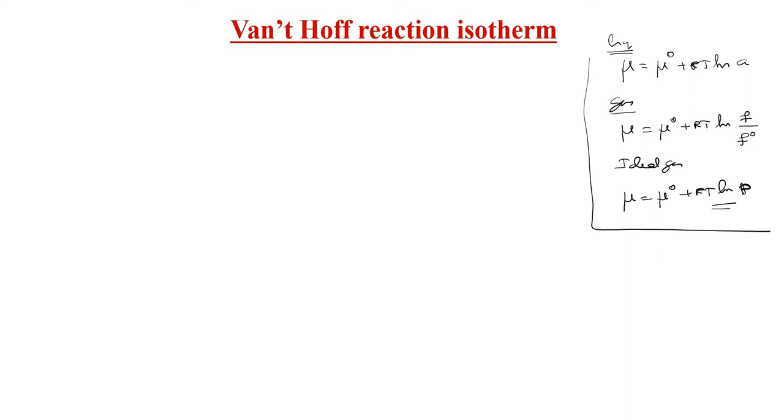Now let me discuss the Van 't Hoff reaction isotherm. Suppose a homogeneous reaction is given like this: X moles of A reacts with Y moles of B giving M moles of C and N moles of D. Suppose I assume that all the species involved in the reaction are gases, then we can say that it is a homogeneous gas phase equilibrium reaction.